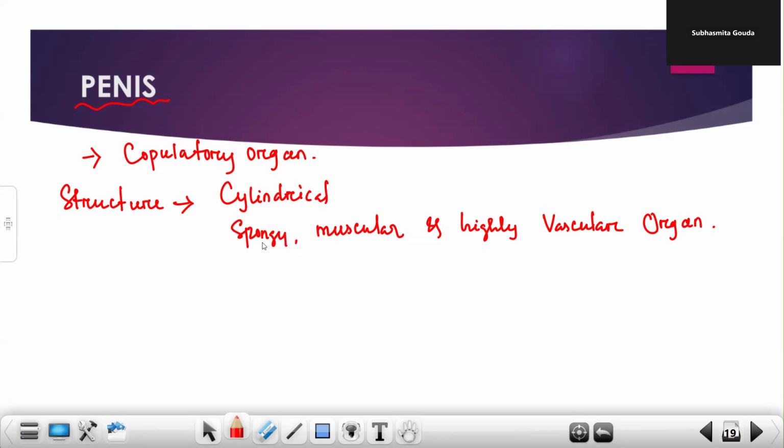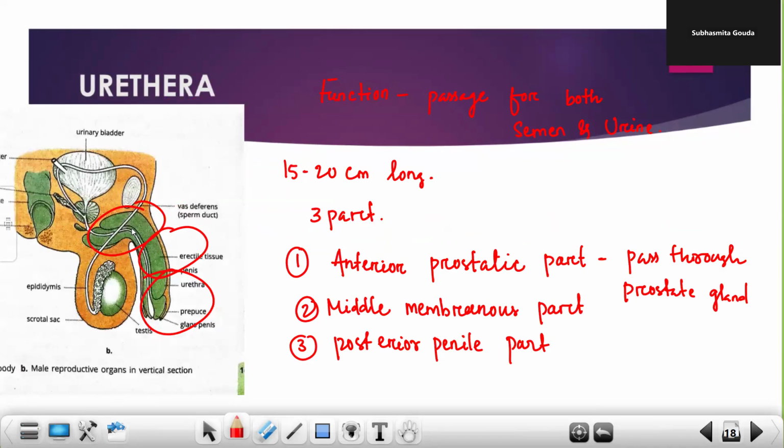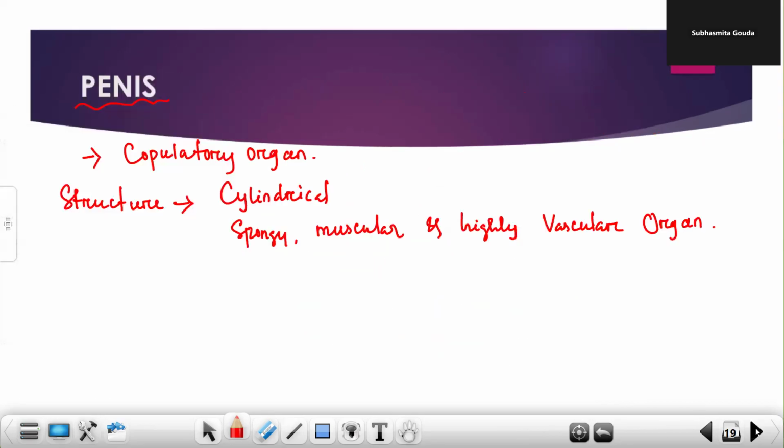The urethra runs through it centrally and is the common passage for the exit of both semen and urine. It is also used as the passage for depositing sperm in the female genital tract.